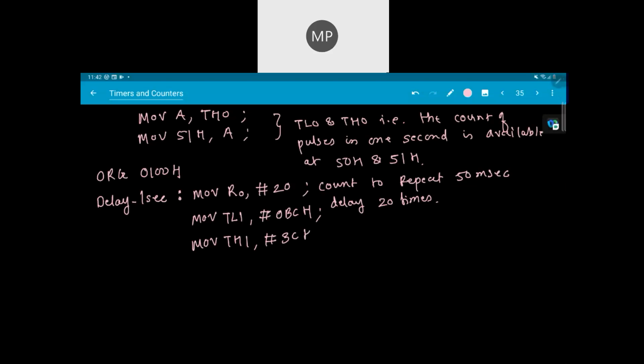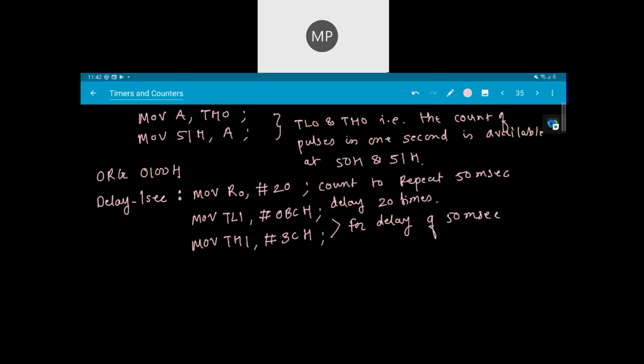So these values are for a delay of 50 millisecond. So for 50 millisecond, we'll be repeating this 20 times to get a 1 second delay.